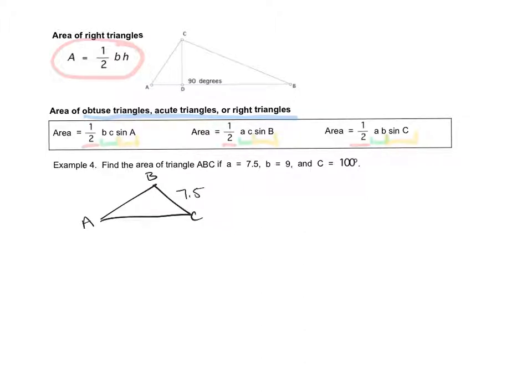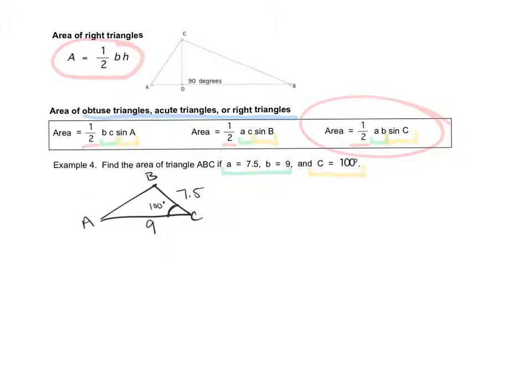The length B is opposite angle B, and we know that the measure of angle C is 100 degrees. Now what we know is we have two side lengths, and we have the angle in between them. In this case, it happens to be A and B and C. So we're going to use this equation.